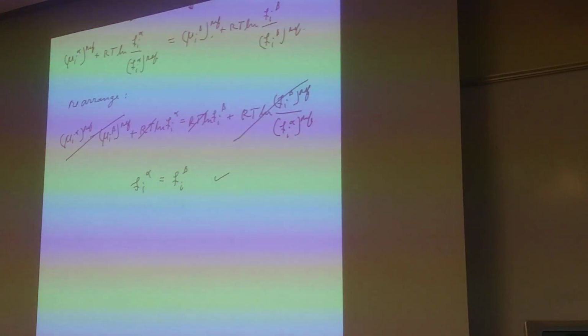So our job now, if we want to solve equilibrium problems of all kinds in terms of the fugacity, is to be able to develop expressions for the fugacities of components in all situations.